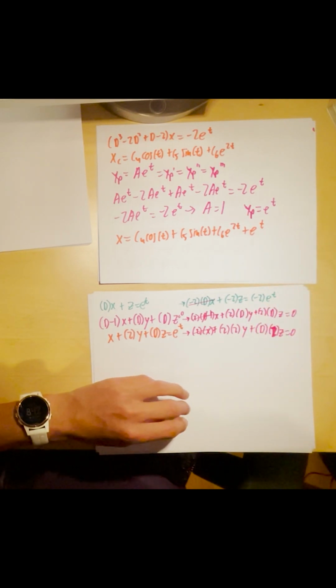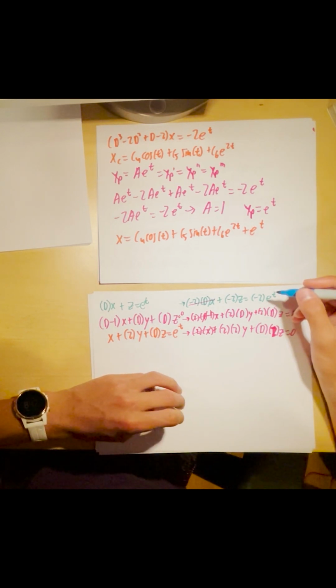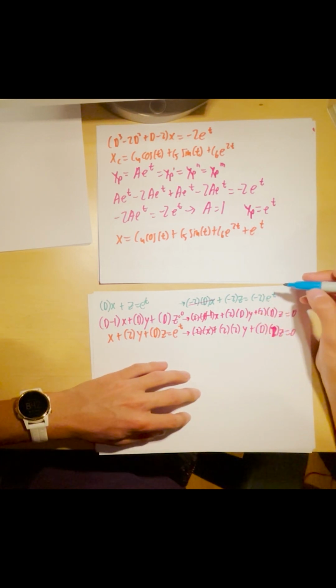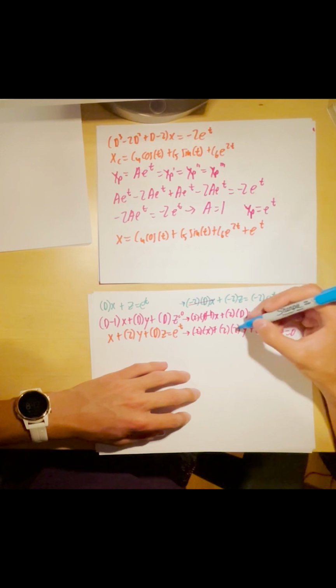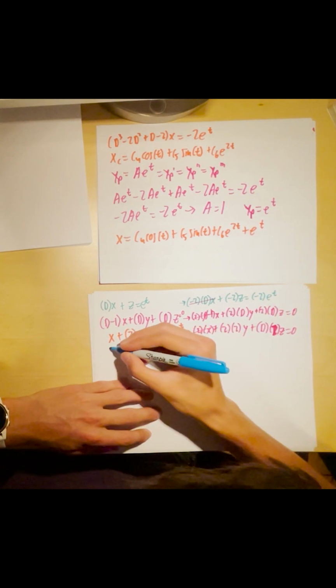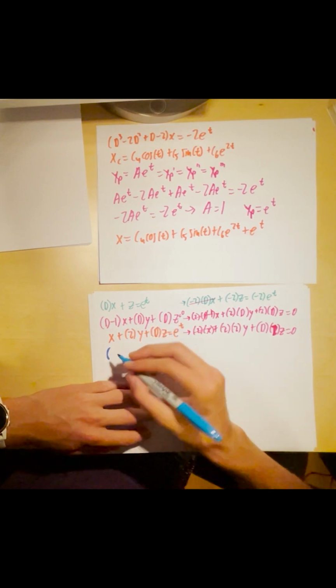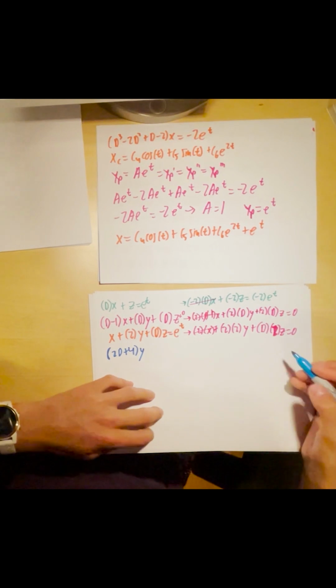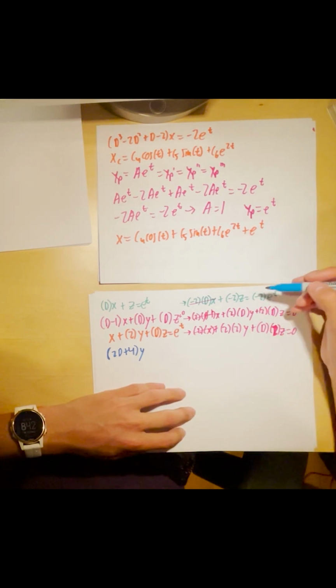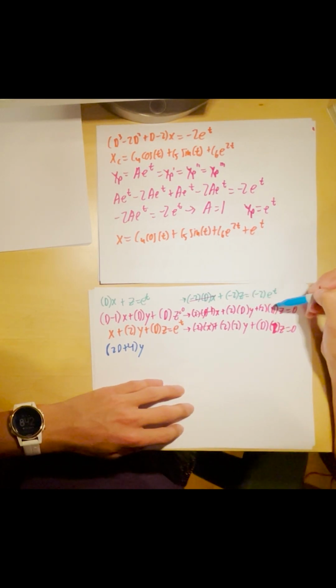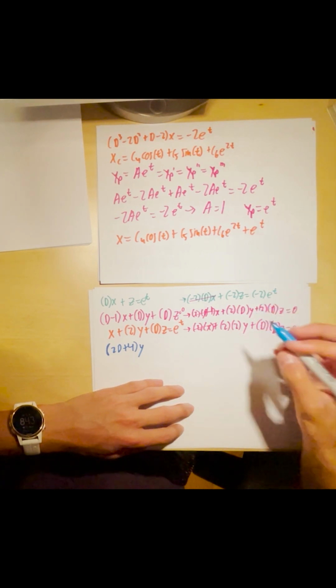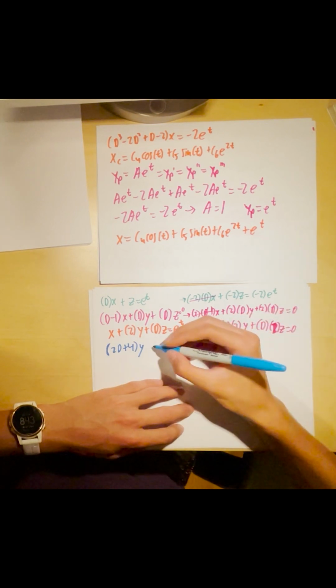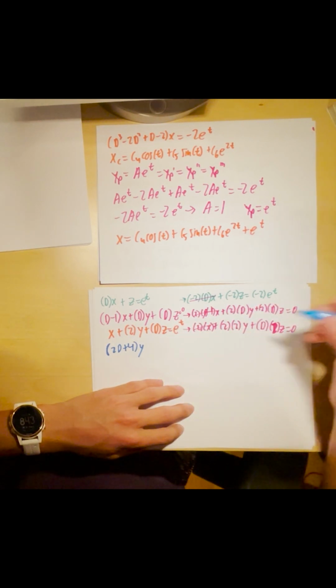Now we can combine these into an equation with all of them. As far as y's go, we have 2dy plus 4y, so we can factor out the differential operators and get 2d plus 4 times y. Now looking at the z's, we have a -2z here, a positive 2dz, and another positive 2dz, so we have 4dz minus 2z.